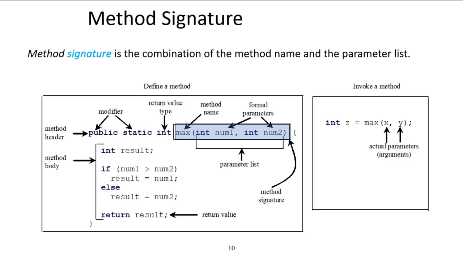And generally, these are called formal parameters. This is the parameter list of the method. Those are the numbers, or characters, or any type of variable that is sent to the method from the calling program.